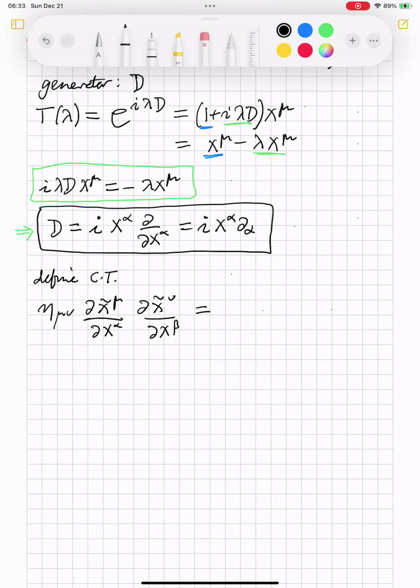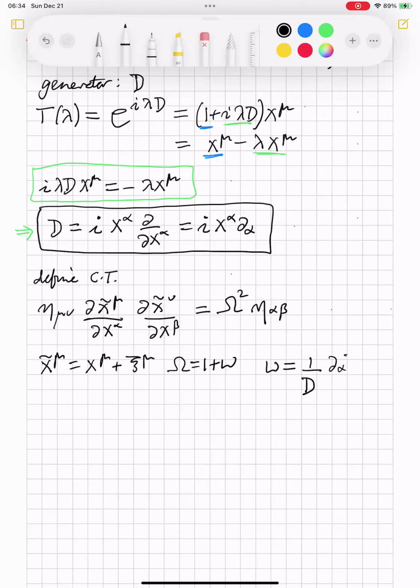And we said this could be equal to omega squared times eta alpha beta dx alpha dx beta. Good. And then let me just define all of the quantities appearing here. So x tilde mu, as usual, is just x mu plus the conformal Killing vector, zeta mu. Omega, the scaling factor, was 1 plus little omega, and little omega was equal to 1 over the space-time dimension, d, which is a number here, not the dilatation operator, times the divergence of the conformal Killing vector.